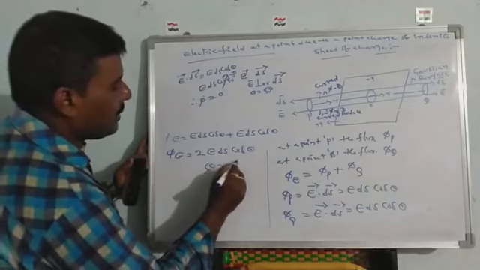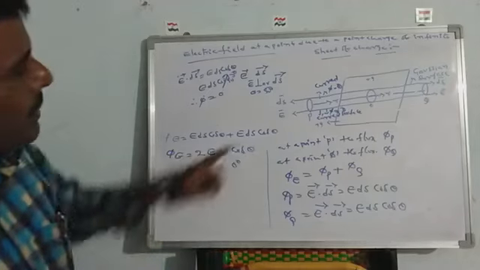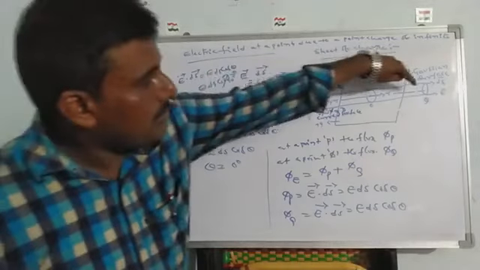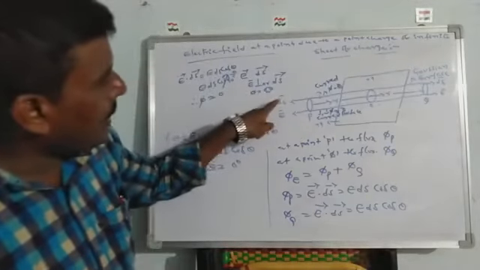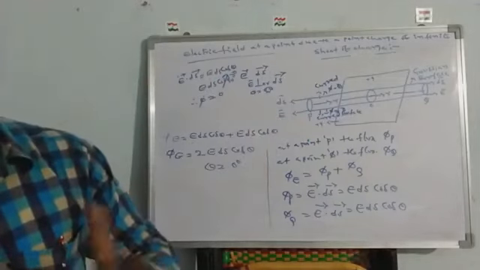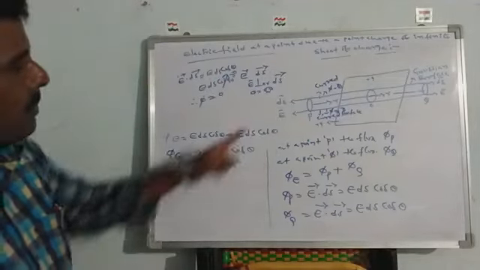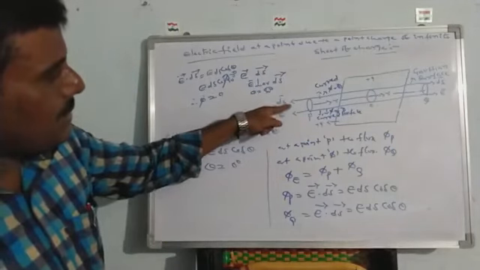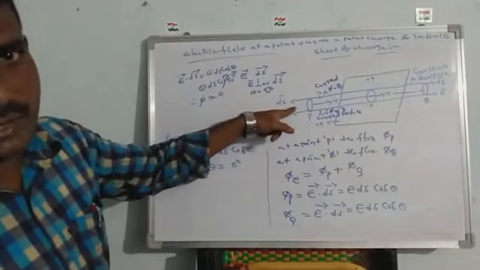Here theta equals 0, because at the end surfaces the elemental area and electric field are parallel to each other, from the figure.